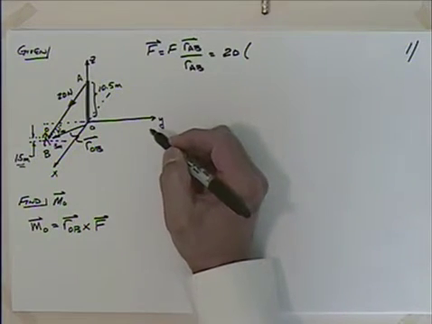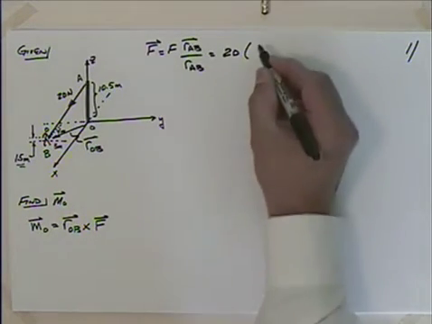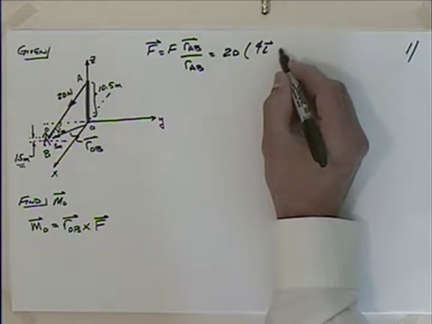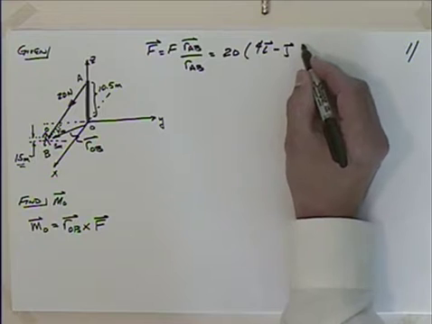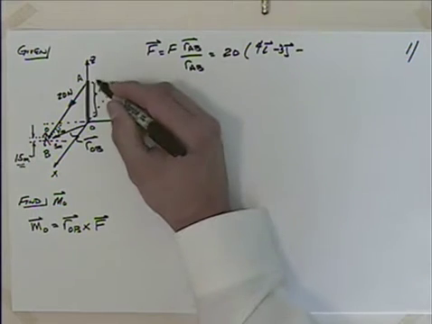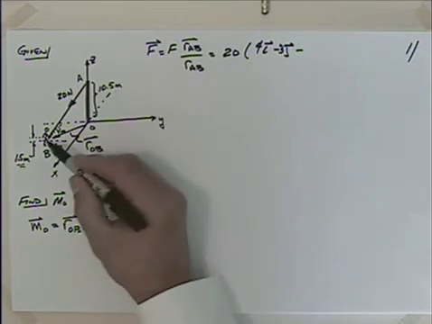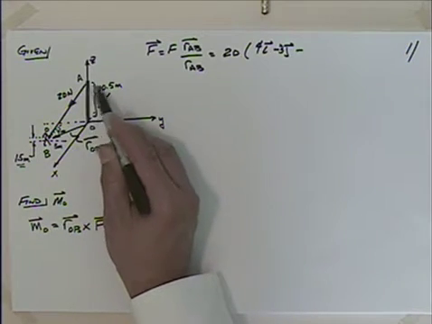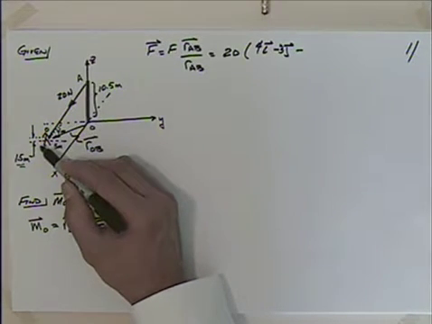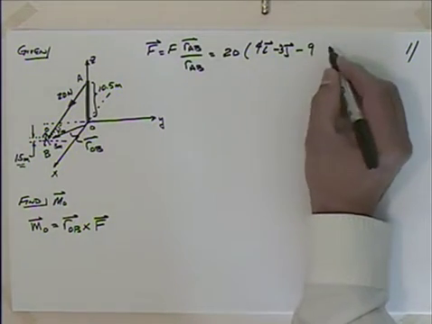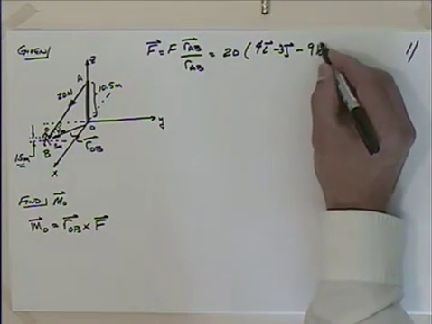Imagine giving yourself instructions. You'd have to go 4 in the I direction, minus 3 in the J direction, and then minus, not 10.5, but we're only going to go down 9 because this is 1.5 above the XY, and this is 10.5 above the XY, so we'll subtract 9, the difference between 10.5 and 1.5, in the K direction.